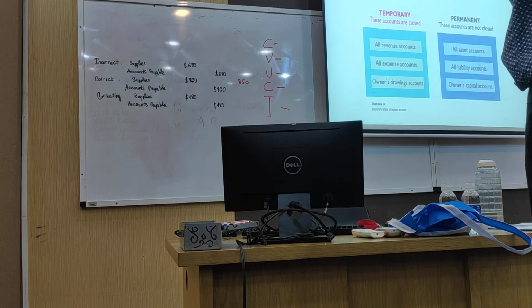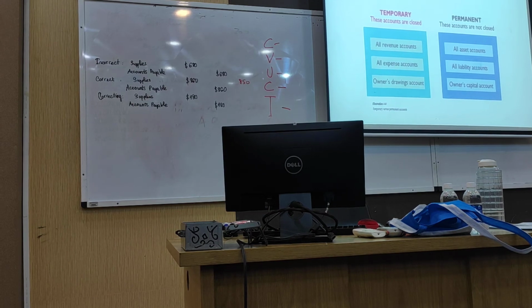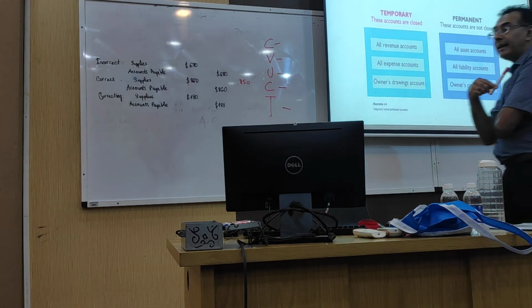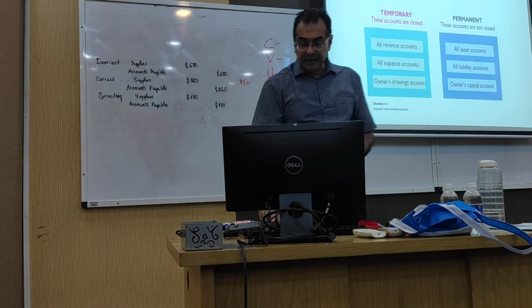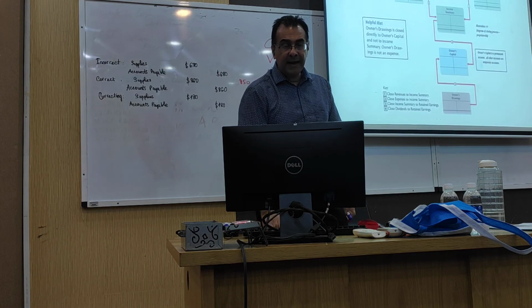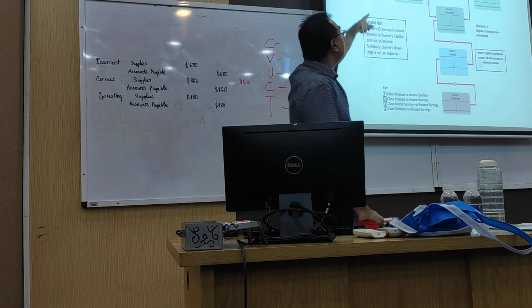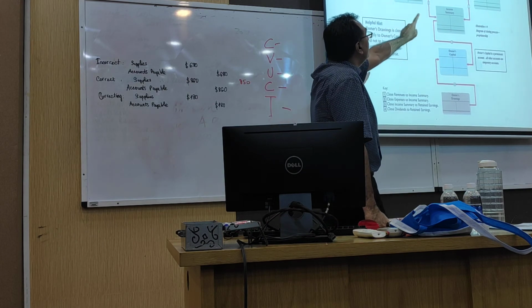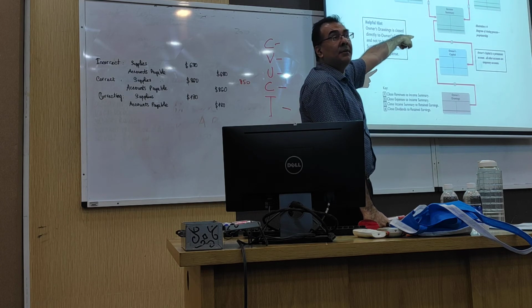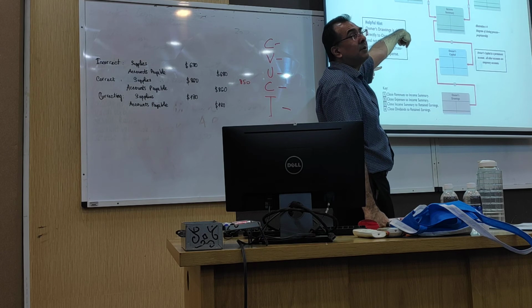You understand what I mean? I transfer the balance in the revenue account and the expense account to the capital account, and this is how I do it. I do it in 4 steps. First step, I close all my revenues to the income summary. Step 2, I close the expenses to the income summary.